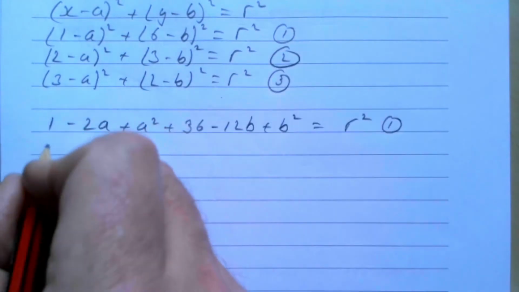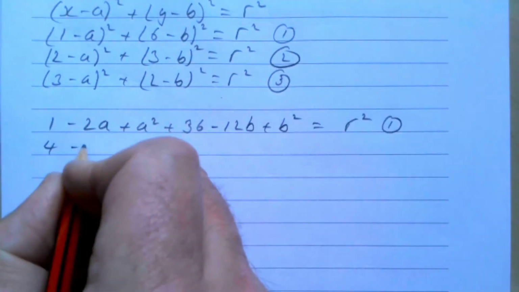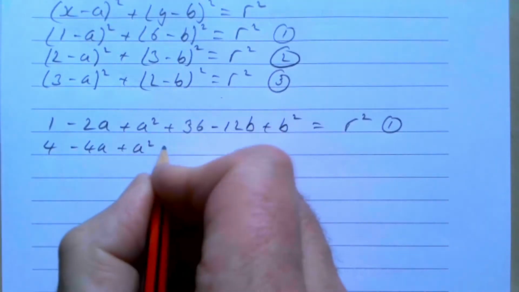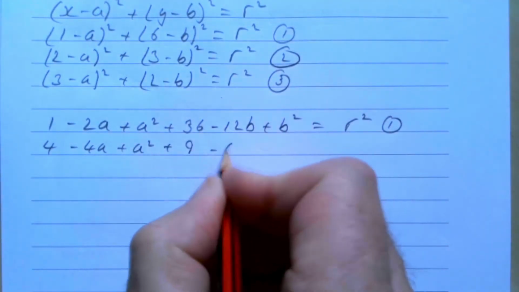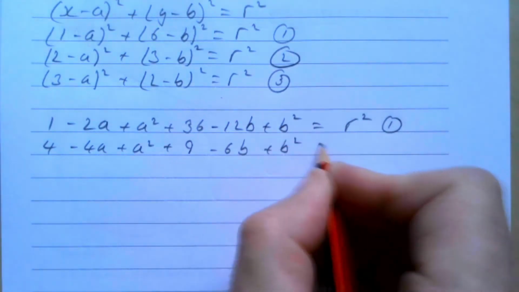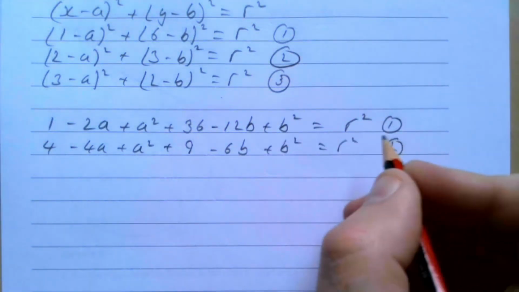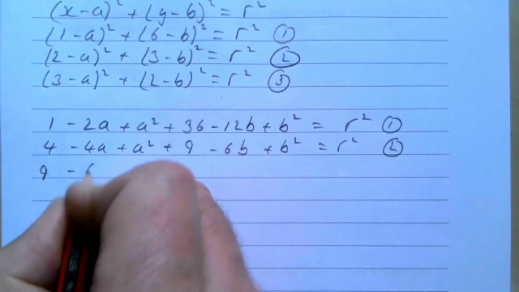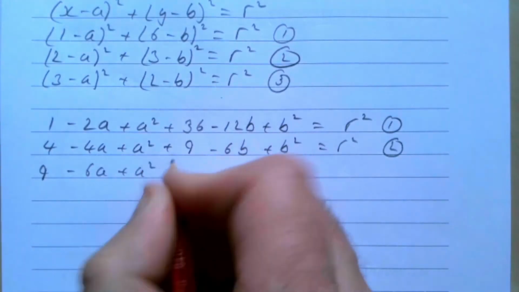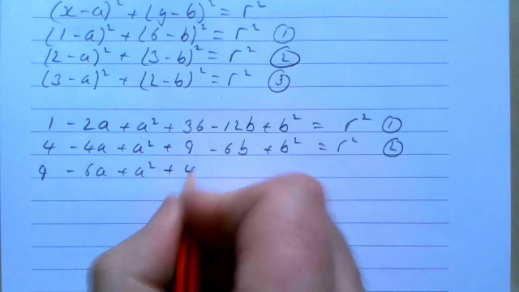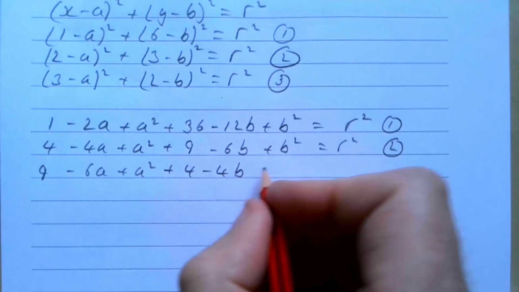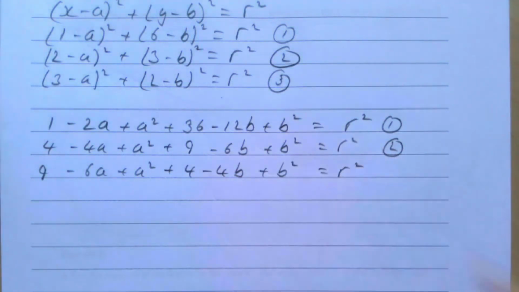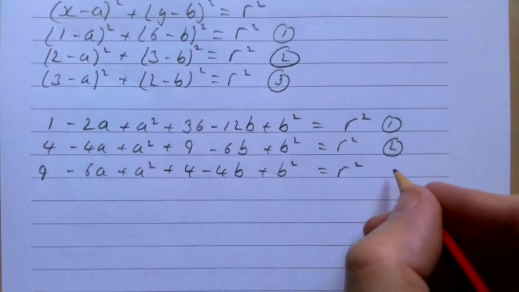Our equation 2 is 4 minus 4a plus a squared plus 9 minus 6b plus b squared equals r squared. And our equation 3 is 9 minus 6a plus a squared plus 4 minus 4b plus b squared, and that equals r squared.